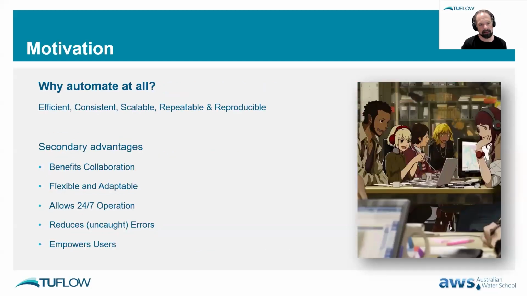There's some secondary advantages apart from being efficient, consistent, scalable, repeatable, and reproducible. These kind of flow from that. I think automation benefits collaboration because it makes it so that people are almost guaranteed to do work in the same predictable way. Automation is flexible and adaptable. It might not seem that way. If you fix everything in scripts, it might feel like you're actually losing some flexibility.